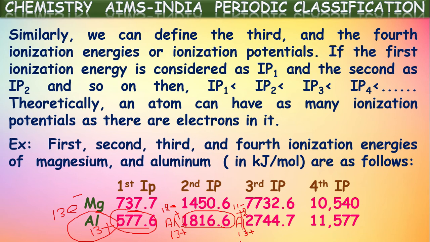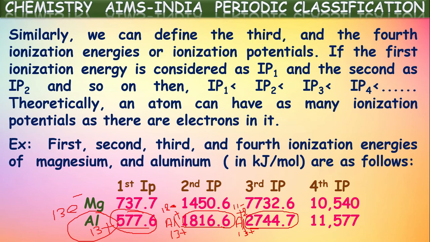Now the positive charge is much greater than the negative charge, so the remaining electrons will be held by the nucleus much more strongly. So the removal of one more electron becomes much more difficult. For the removal of the third electron, this much energy is to be supplied, which is much greater than the second one, isn't it?